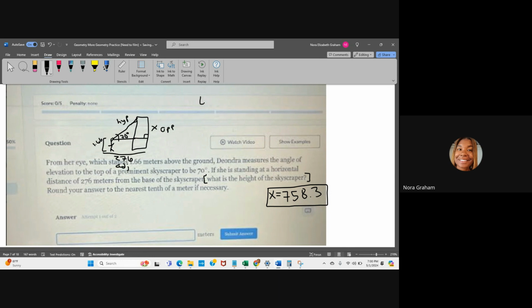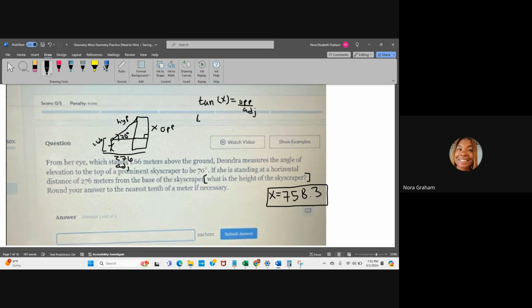Tan of x is actually going to be op over adjacent. Okay. So let's go ahead and plug in what we have for that, right?